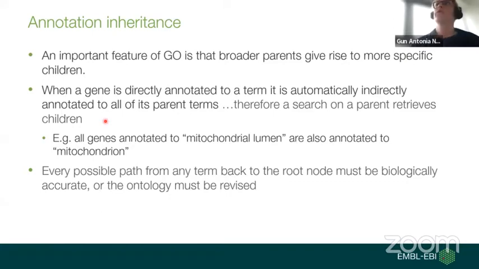So if you search for mitochondrion, you will also retrieve all the children that are annotated to mitochondrial lumen. But the other way around is not true. And therefore, every possible path from a term back to a root node must be biologically accurate, or the ontology has to be revised and tweaked.